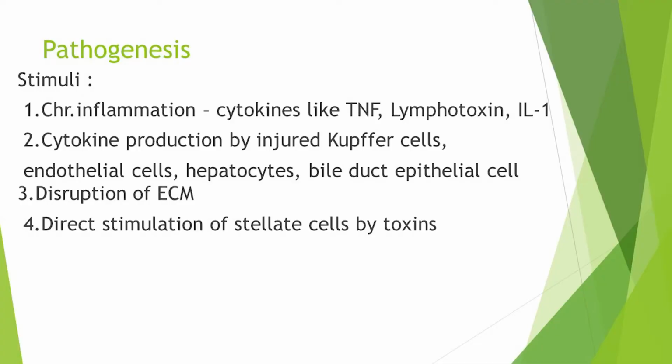Number two, if the Kupffer cell is activated and produces cytokines that activate the stellate cell. Number three, if the extracellular matrix is disrupted. And number four, if any toxin, such as chronic alcohol consumption, directly stimulates the stellate cell, the patient may develop cirrhosis of liver.